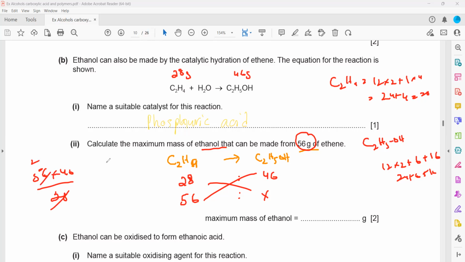That is 92, because 56 is twice 28, so it will be 92. Is it clear? Yes, sir. Clear.